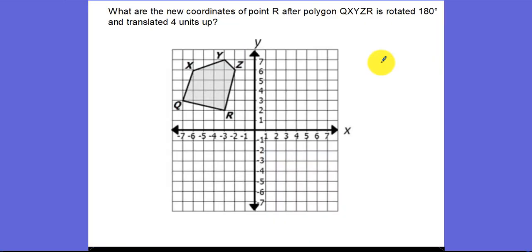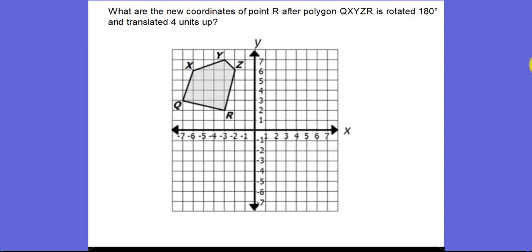Alright, so let's try to answer some questions that may come up in our SOL test. So what are the new coordinates of point R after this polygon QXYZR is rotated 180 degrees and translated 4 units up?